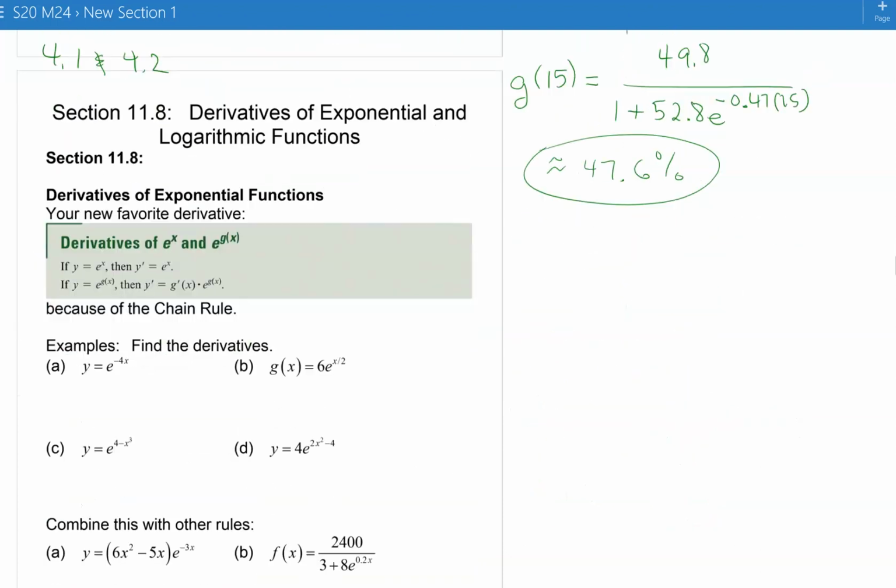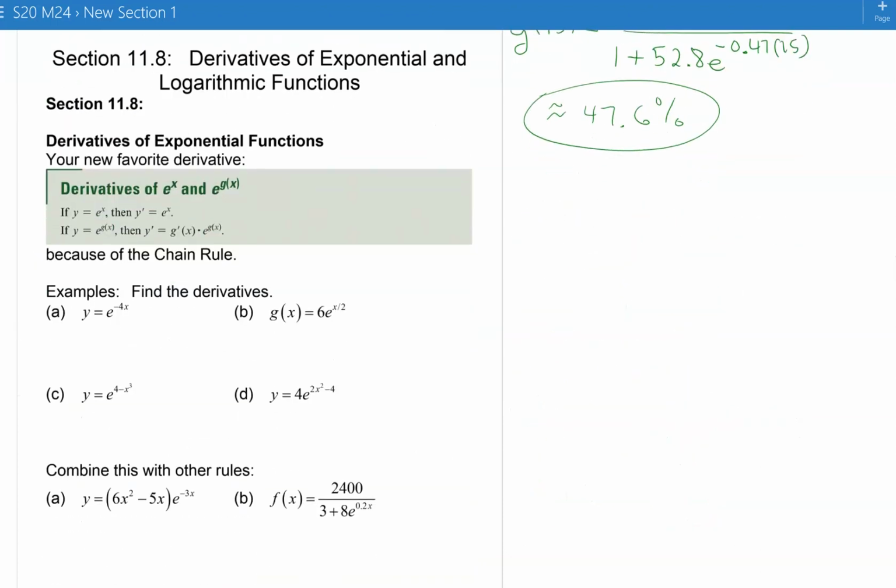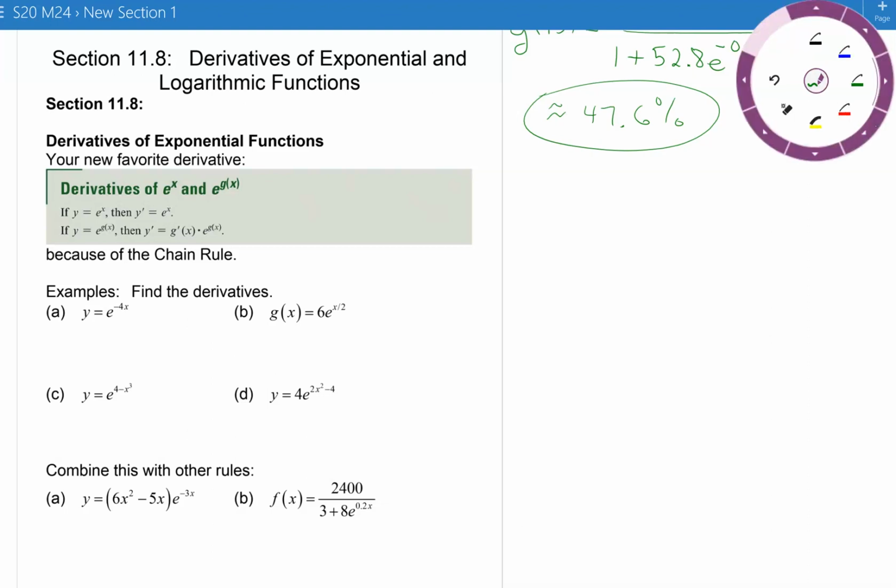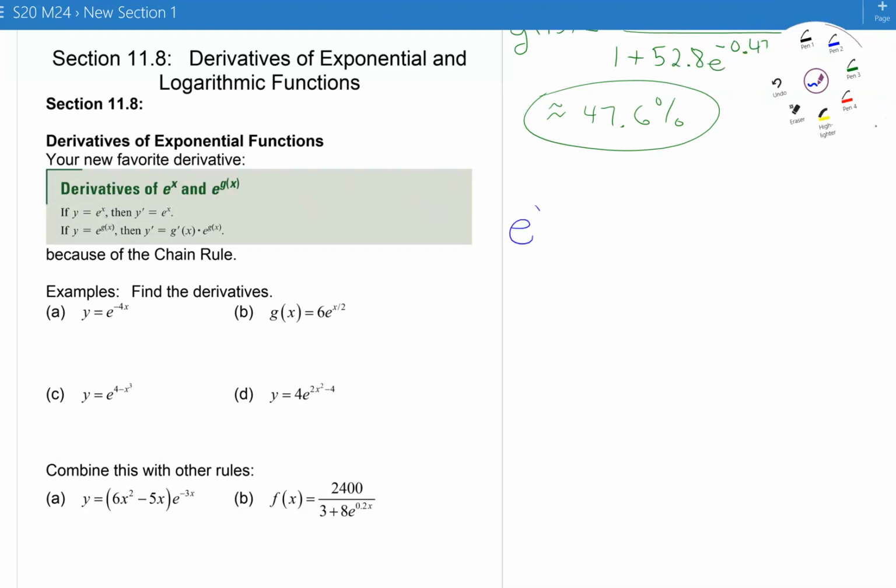And now we're going to get into section 11.8, where we're actually working on the derivatives of these functions. So this is probably going to be your new favorite derivative because the derivative of e to the x is e to the x. It's the only function that is its own derivative.